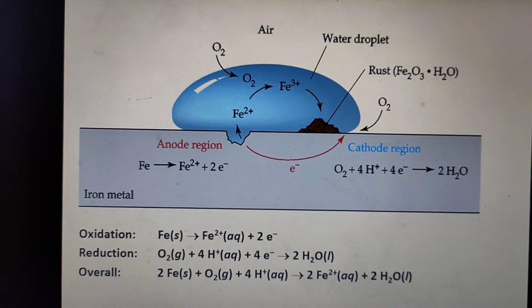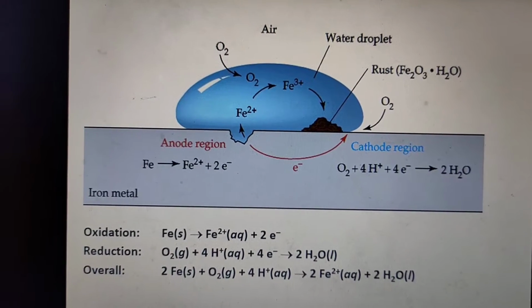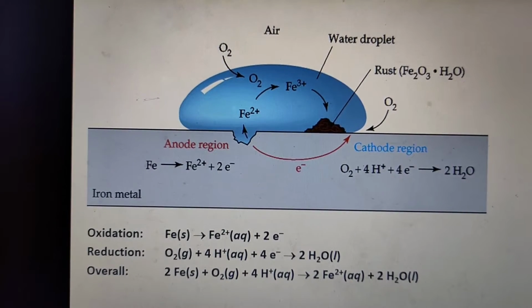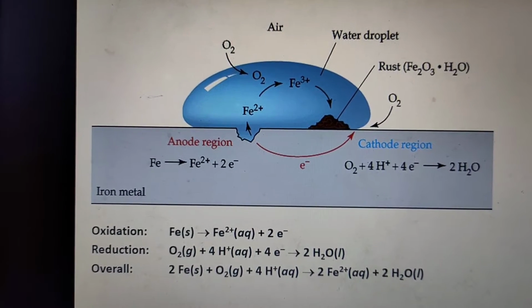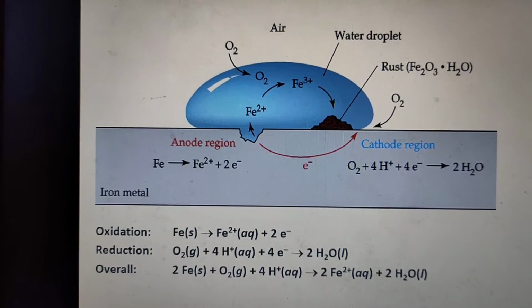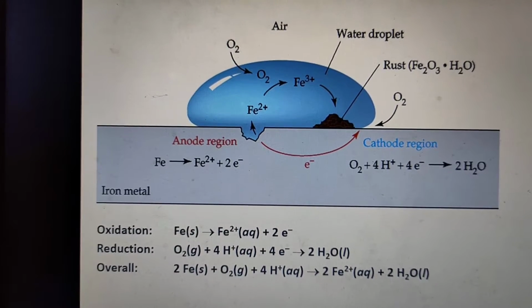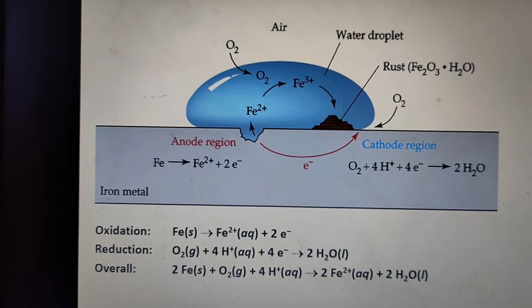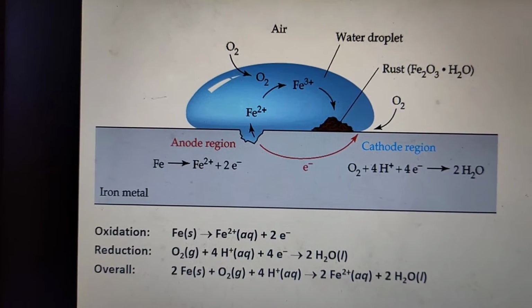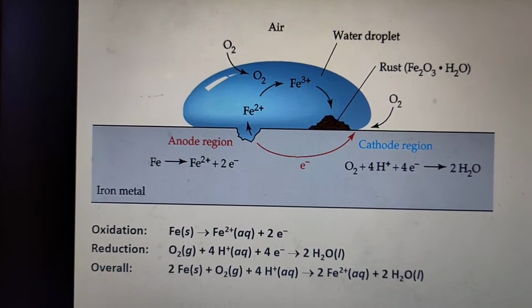And at the cathode, a series of reactions is actually taking place. The carbon dioxide present in the air dissolves in water to form carbonic acid. This carbonic acid dissociates to give hydrogen ions, and these hydrogen ions reduce oxygen to water. So the reduction is taking place there. Oxygen is reduced to water in presence of those hydrogen ions, and that point we call a cathode. So anode and cathode are there.